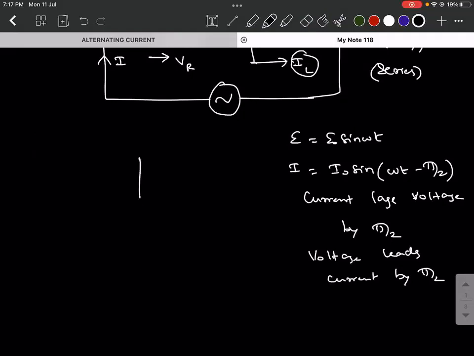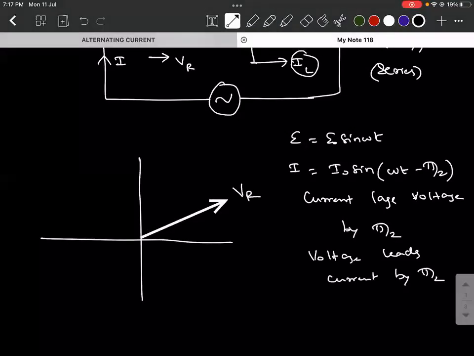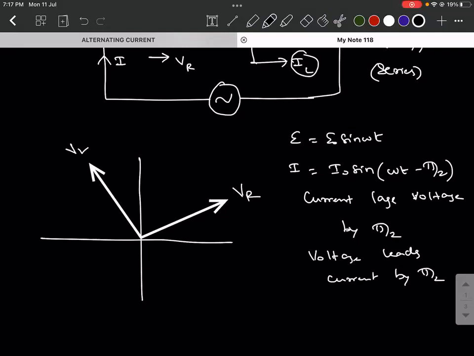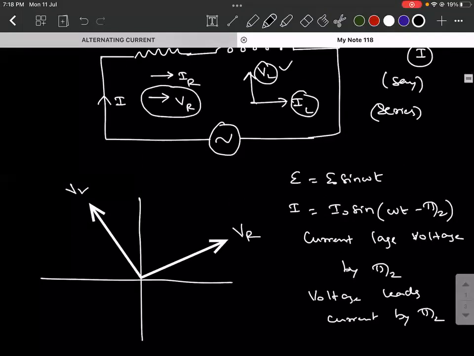Now, if I try to draw a phasor diagram, if this is VR, with respect to VR, how is VL? In this way. Is that right? Because VR and VL are perpendicular to each other.